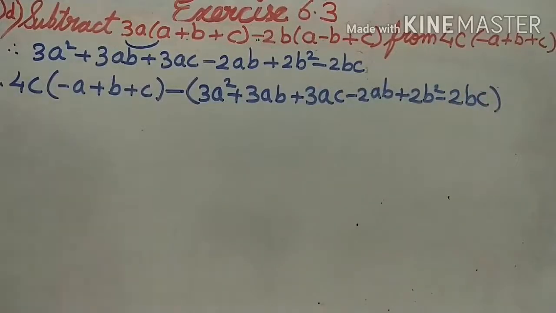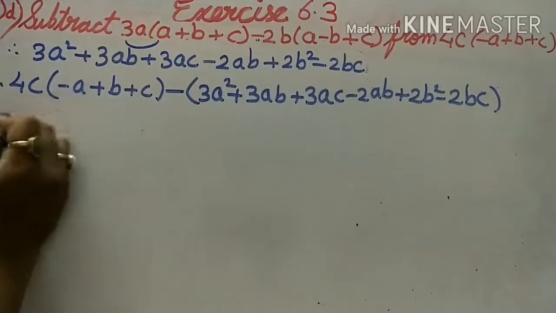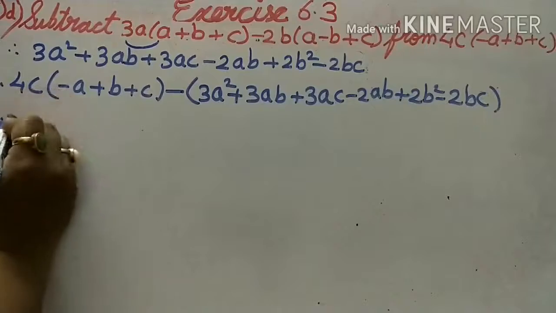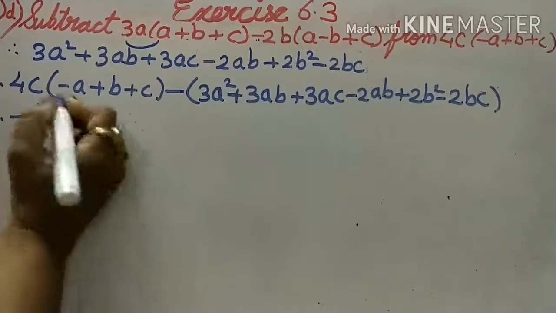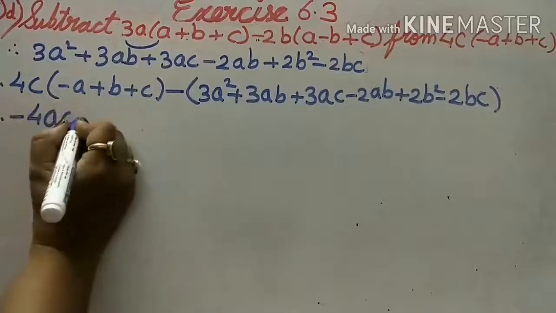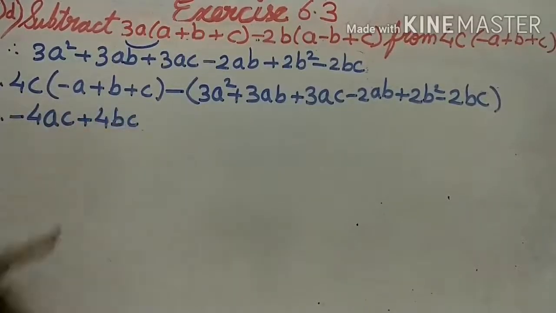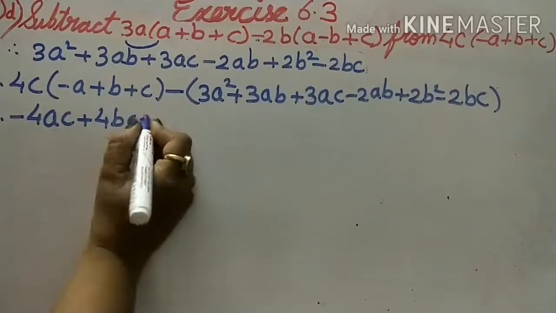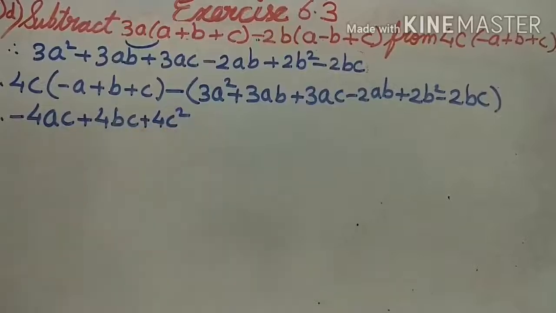Now we have to simplify. Therefore 4c into a, now plus into minus is minus, 4c into a, it is 4ac. Now 4c into b, plus 4bc, plus 4c into c, 4c square.